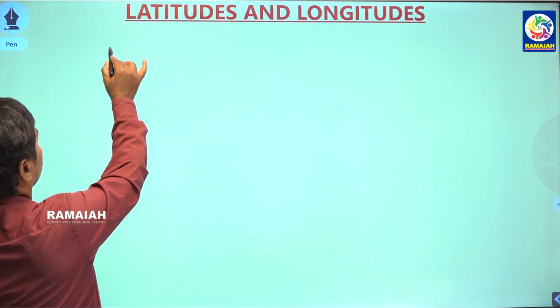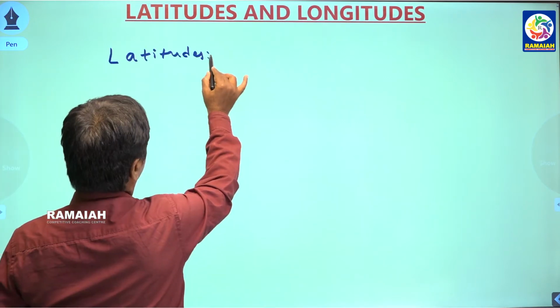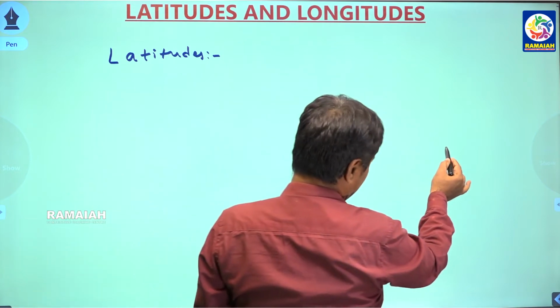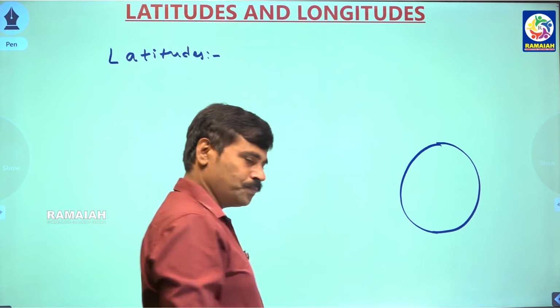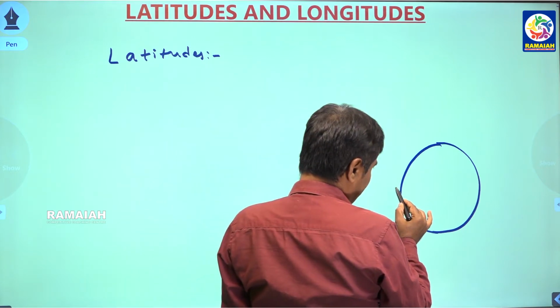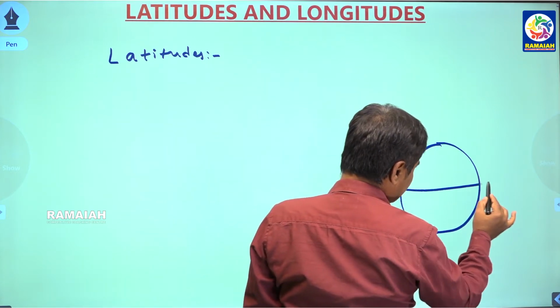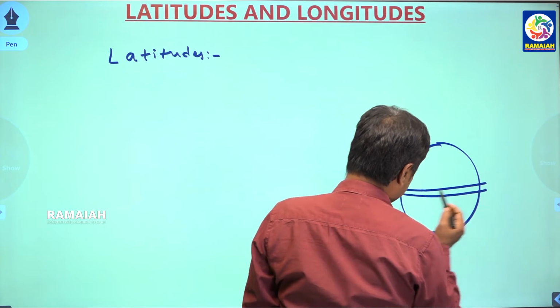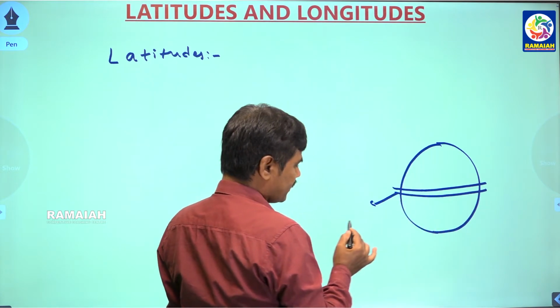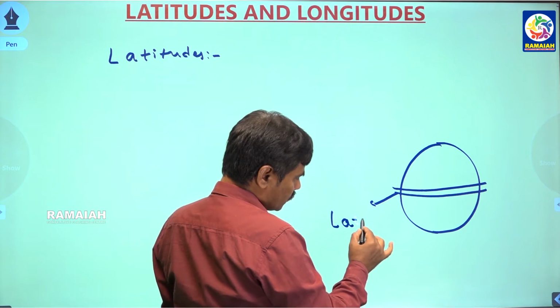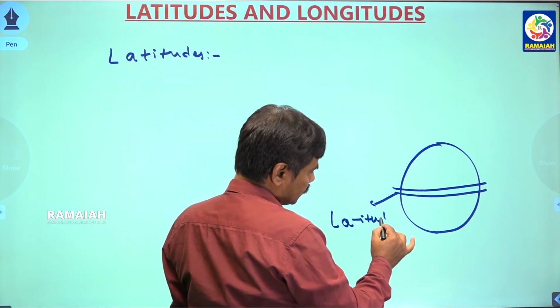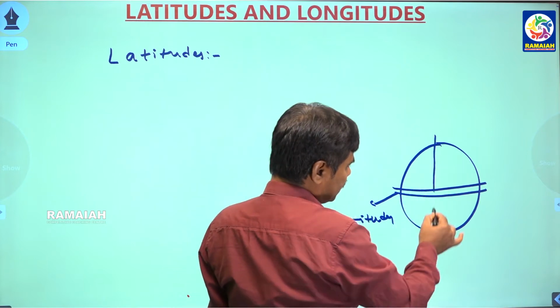Now about the latitudes. You can imagine this is a globe. The lines drawn on the surface like this are called latitudes.